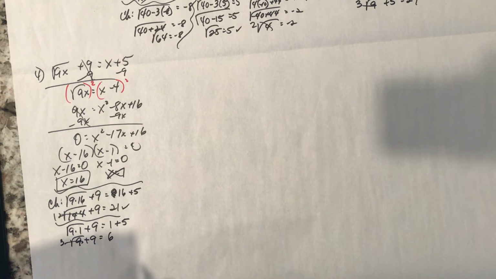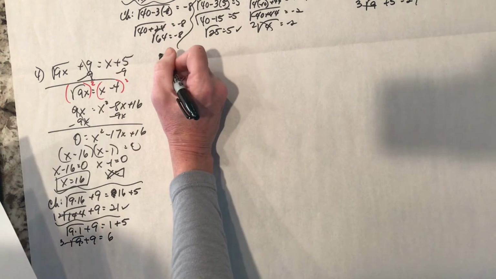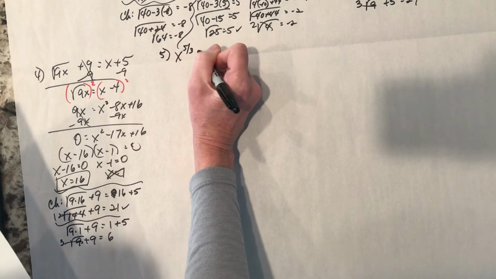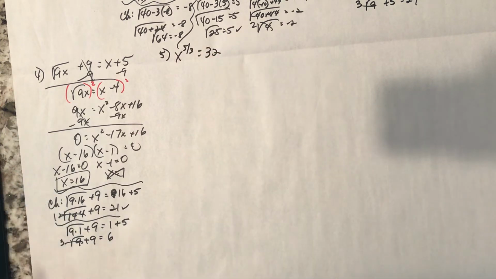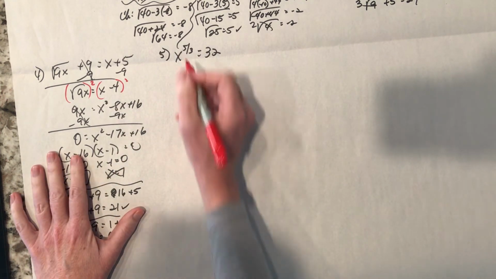Okay, 5, 6, 7, and 8 use the rational exponent. So we've got x to the 5/3 equals 32. You've got to get x to the first out of that. You're raising it to the 5/3 power as it is. In order to make that 5/3 be a 1, you're going to have to multiply it times its reciprocal.